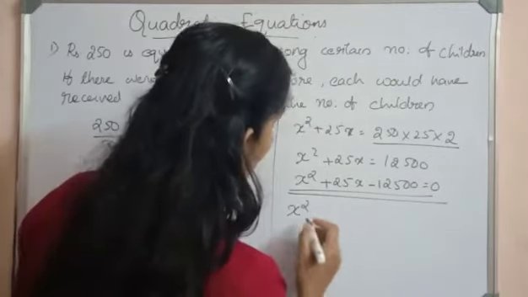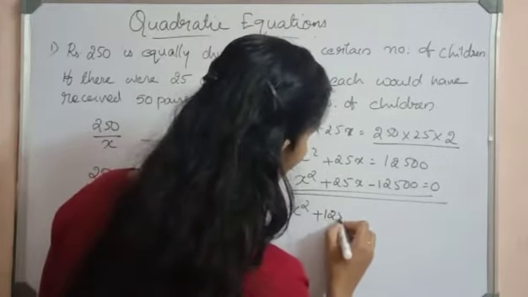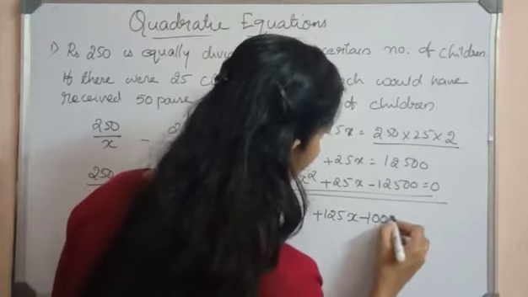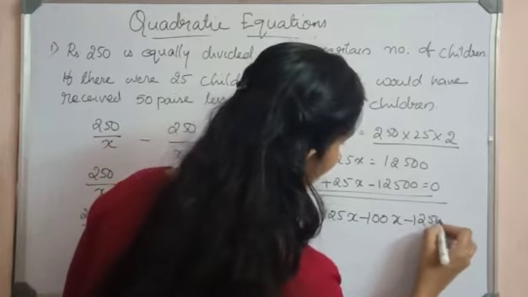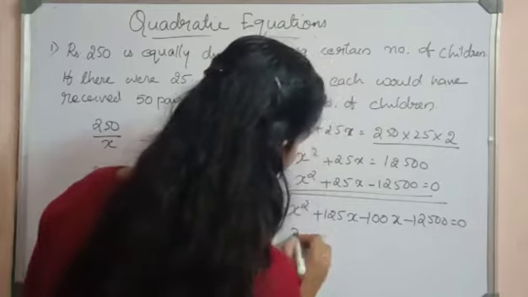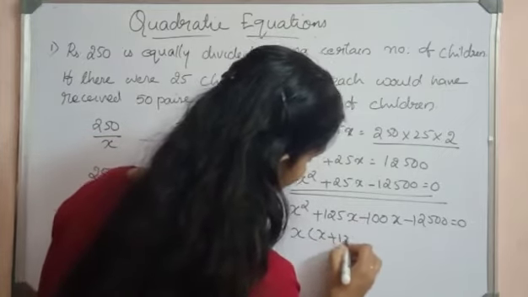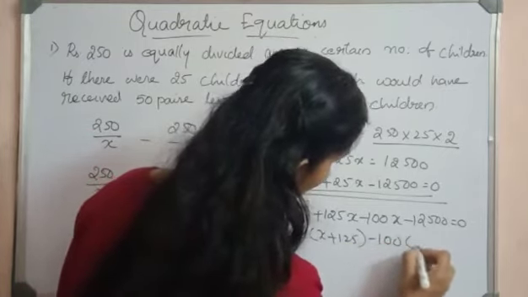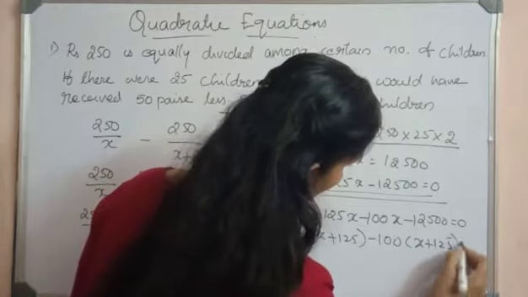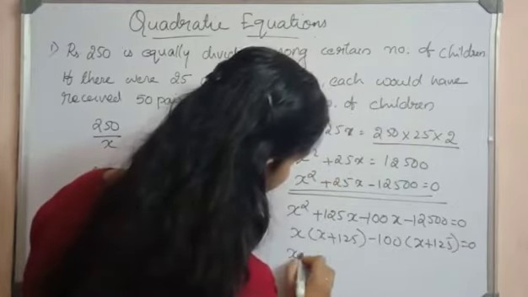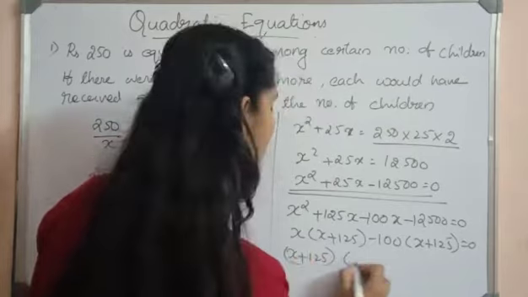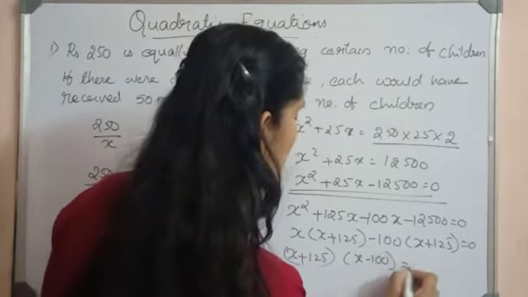And that's same as x square plus 125x minus 100x minus 12,500 is equal to 0. So x into x plus 125 minus 100 into x plus 125 is equal to 0, or x plus 125 into x minus 100 is equal to 0.